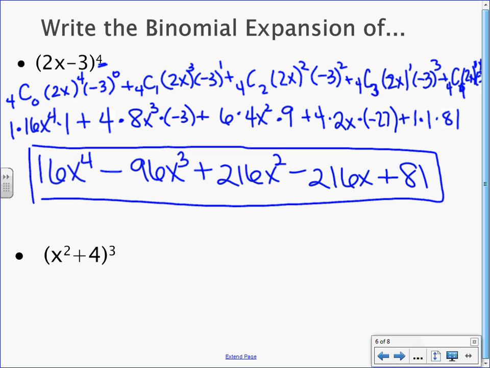Now, this may have seemed slightly tedious, but is it better than multiplying two binomials together and then multiplying that trinomial by a binomial and then multiplying that 4-term polynomial by a binomial?